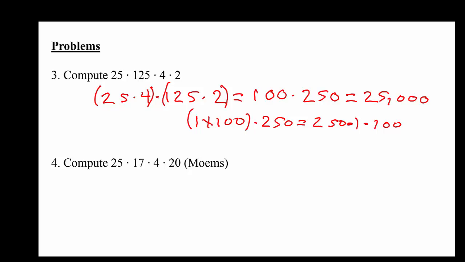We have another problem, which is 25 times 17 times 4 times 20. Now we can use commutative logic again, writing it as 25 times 4 times 17 times 20. Good, so we'll associate these guys and these guys.